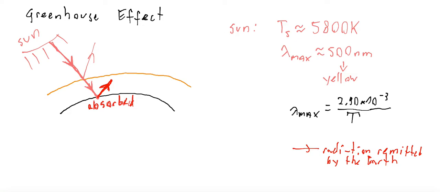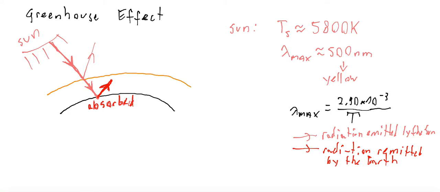Okay, this orange one is radiation emitted by the Sun. Radiation emitted by the Sun.